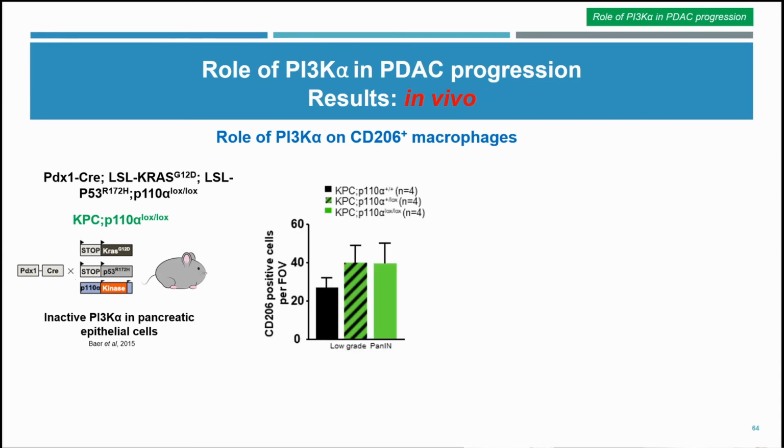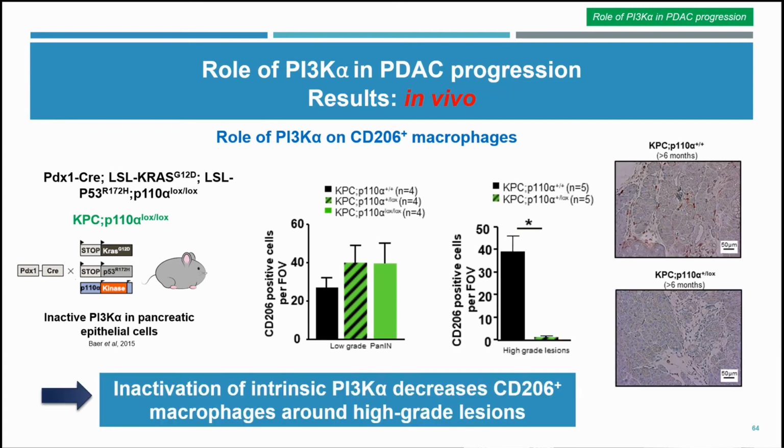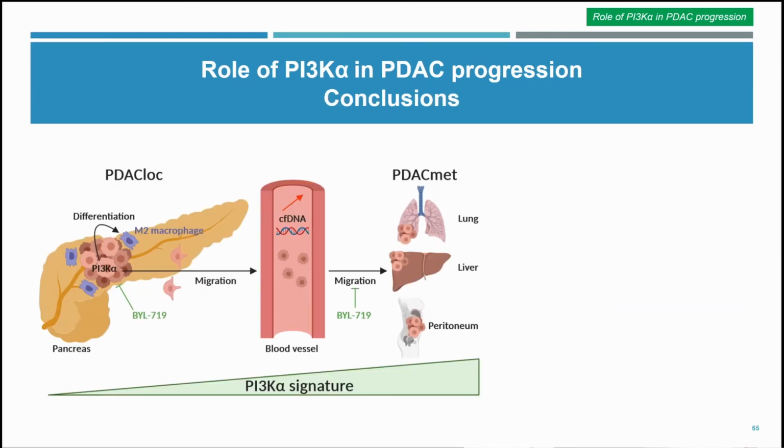It's important to mention that these mice do not develop high-grade lesions or tumors. So when observing low-grade lesions, we do not observe a difference in the number of CD206 macrophages. However, when we quantify these macrophages around high-grade lesions, we observe that inhibiting by half, that means in the heterozygous mice, there was a decrease in the number of CD206 macrophages.